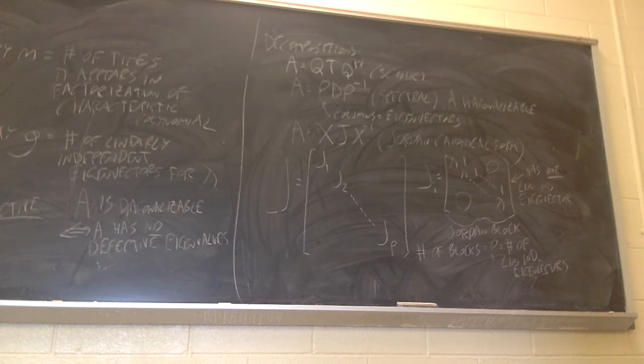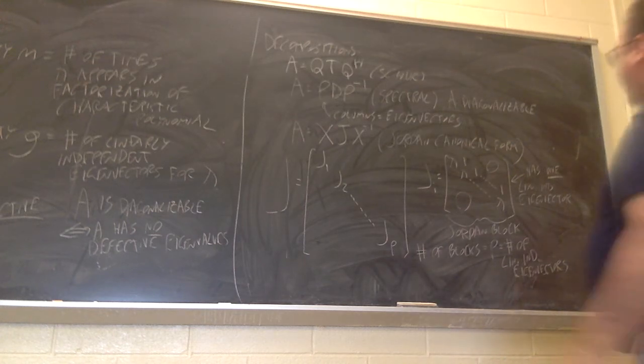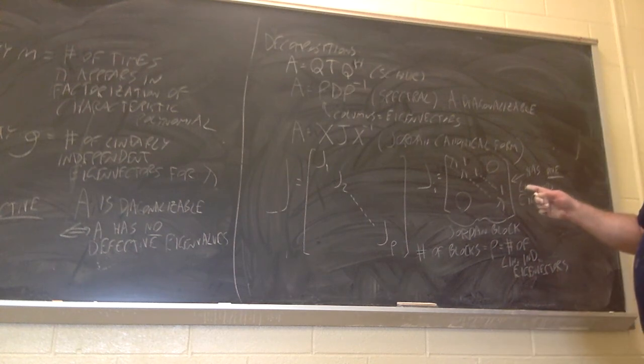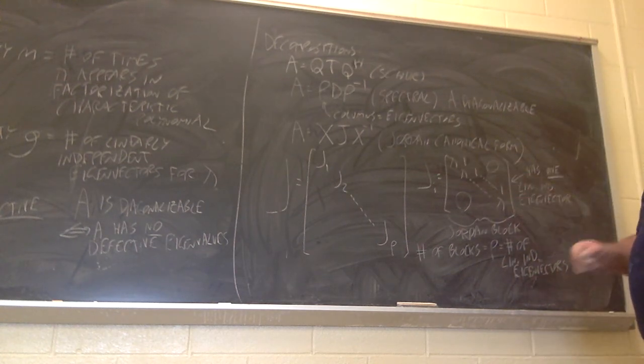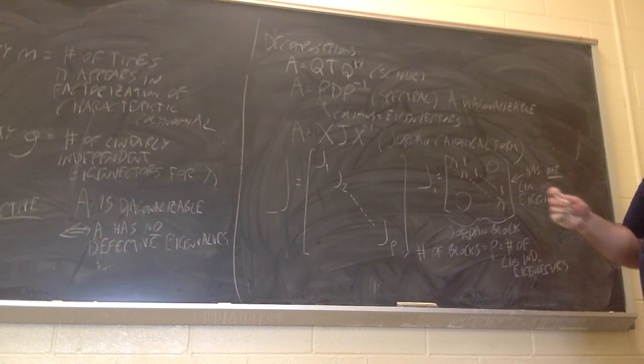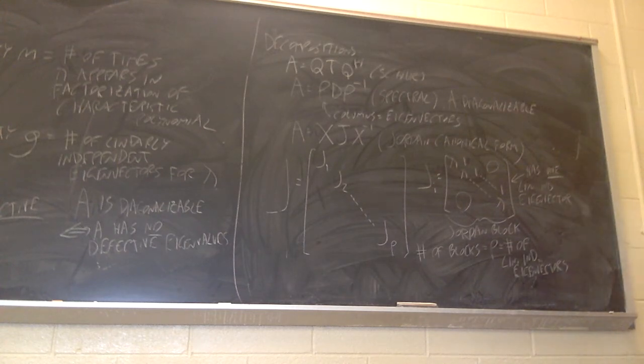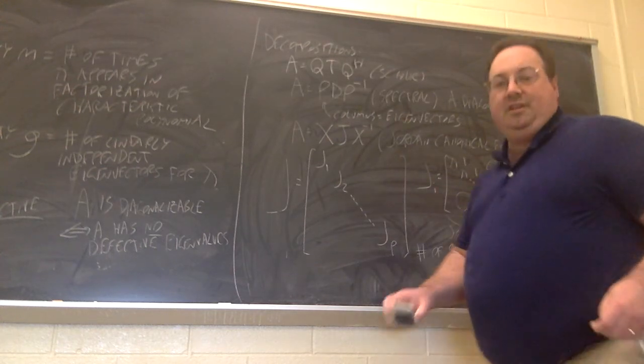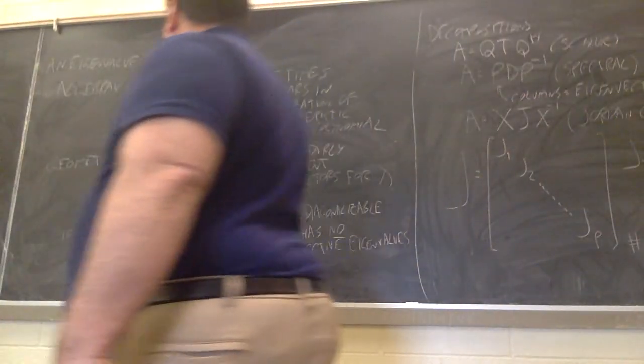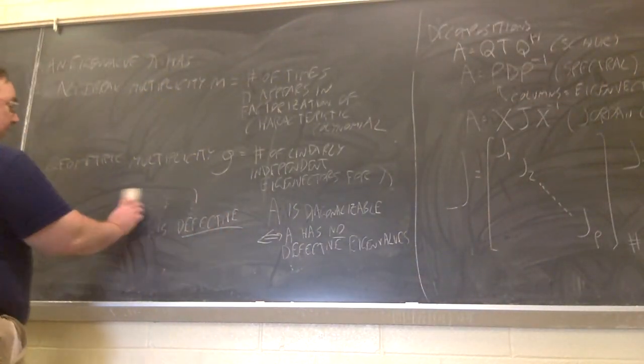All right. So now the thing is, I can have more than one Jordan block associated with a particular eigenvalue. So in fact, I could describe both multiplicities of an eigenvalue in terms of its Jordan blocks.